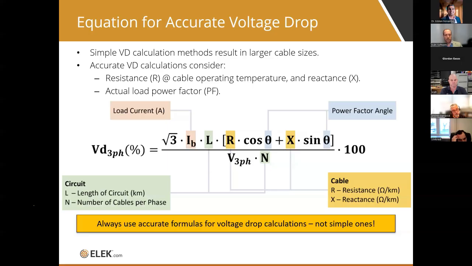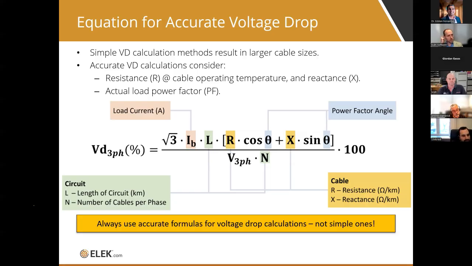The important point about this equation is that it uses resistance and reactance of the cable, not a simple lookup value. Resistance is temperature dependent, so we also calculate the operating temperature of the cable, and we adjust the resistance. And reactance is phase spacing dependent, so you can also adjust reactance.